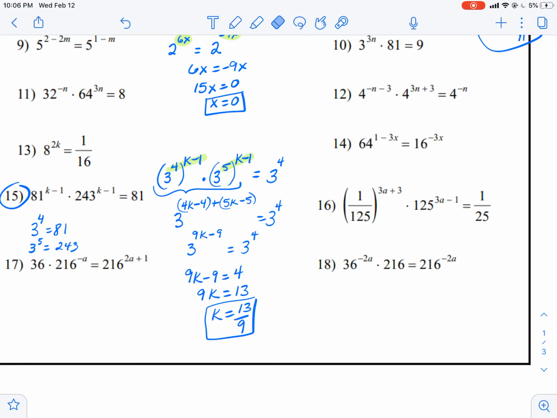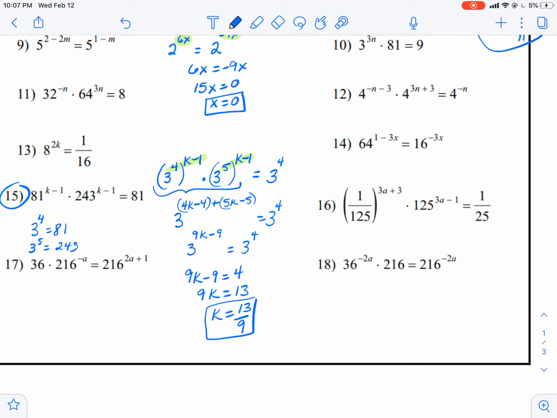So 16, the difference here to look at is that this is 1 over 125, and here's 1 over 25, and here is 125. And so because of the fact that these are fractions, I'm going to go ahead and reciprocal them.